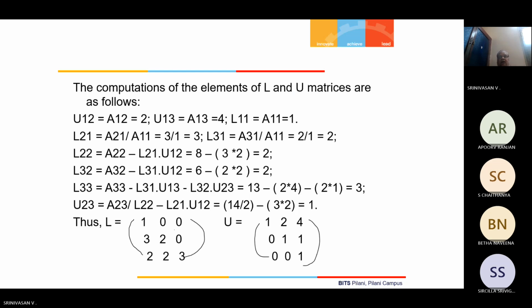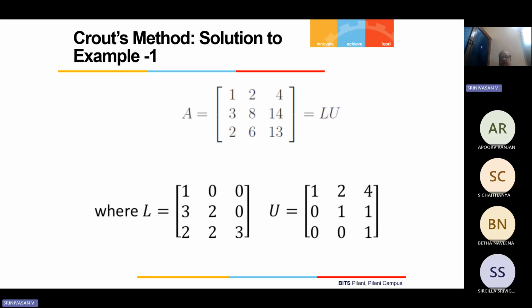I have shown you step by step how the entries are obtained. The computations of the elements of the L and U matrices are as follows. You need to find U12, U13, U23 as far as capital U is concerned.